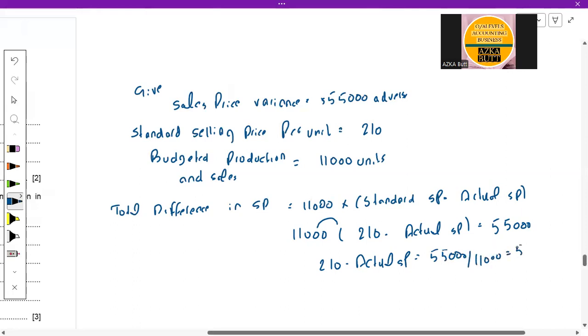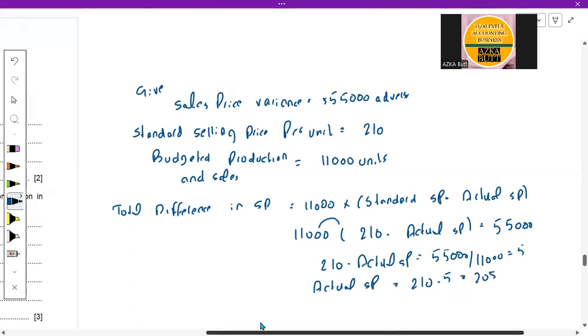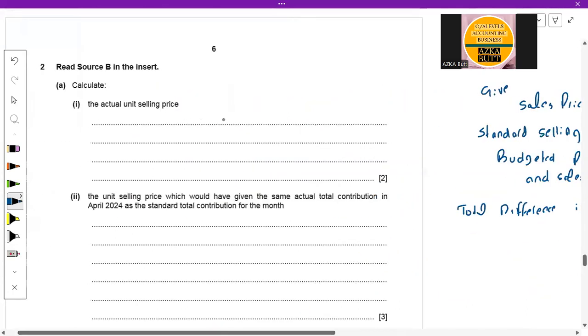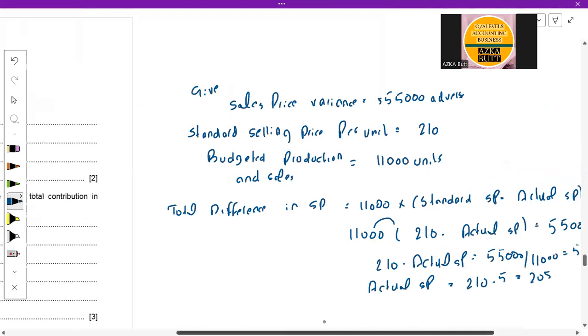This is equal to 5. So actual selling price is equal to 210 minus 5, which is equal to 205. So the actual unit selling price is 205. So you can just solve the whole part here.